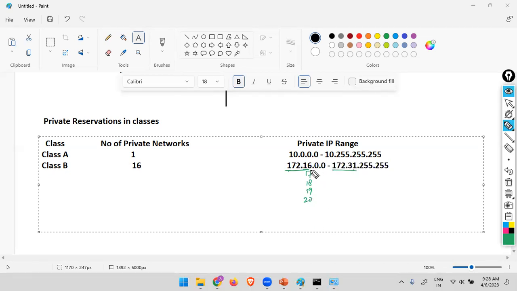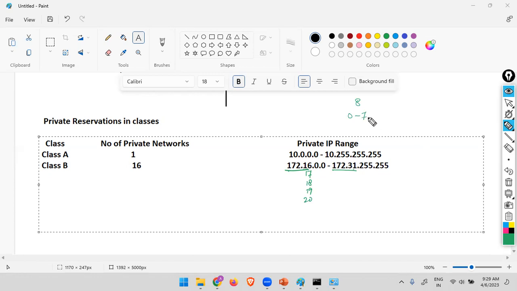So till 31. So 16 plus 16, how many? 32. But we are starting from 16 itself, so count 16 also. For example, if I have a total of 8 networks, the range will be 0 till 7.